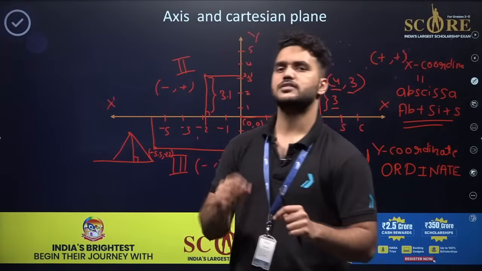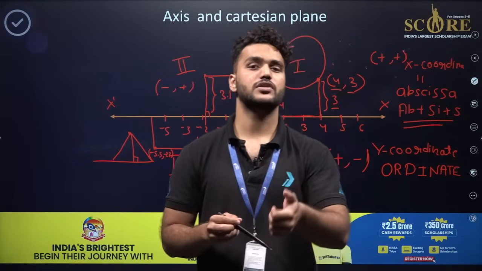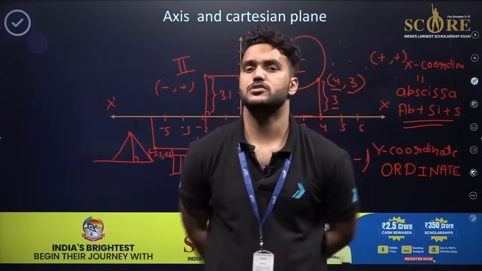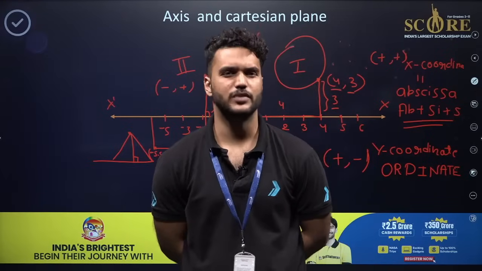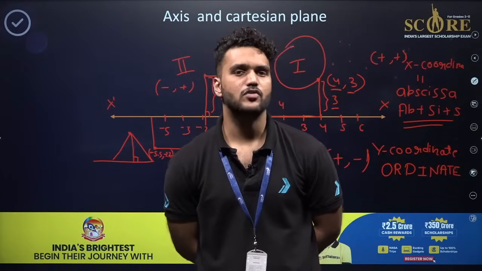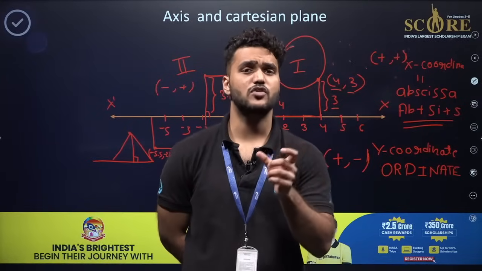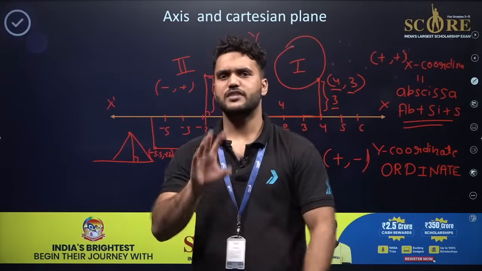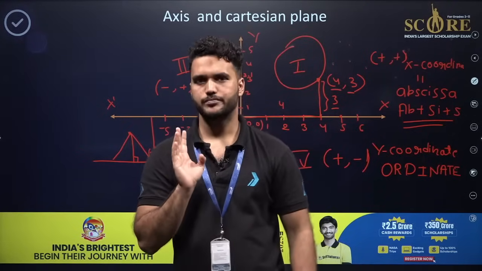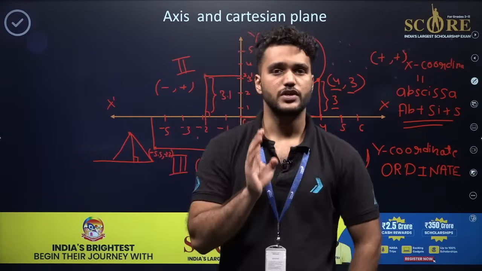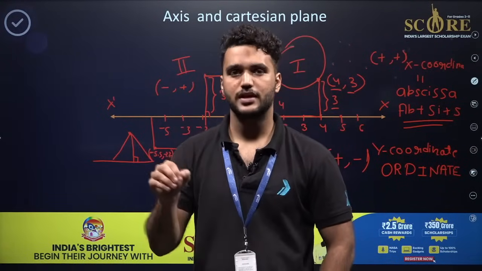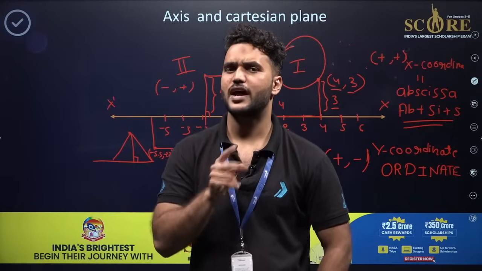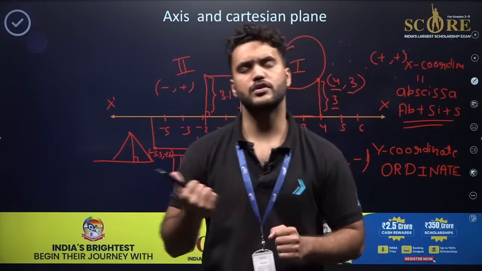This coordinate is not only distance, it also tells you the direction. How? See, if I say minus 2 is the x coordinate of something, then this minus tells you about direction, that you have to go in this direction. Otherwise, if there is a point you have to reach, and I say go on the x-axis 2 units, you will get confused whether to go 2 units left or 2 units right.